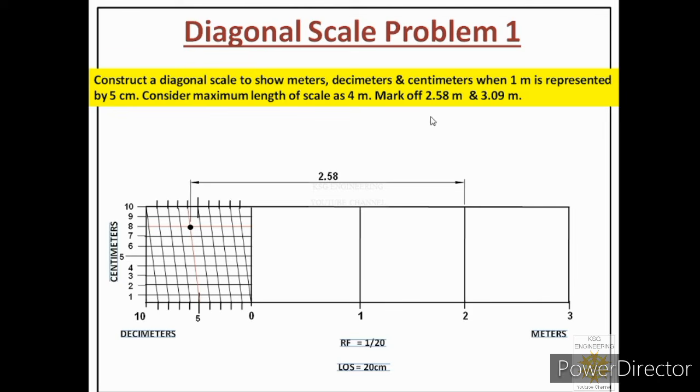But now I have to show 2.58 meters. But if I see my plane scale, on the plane scale the next division is at 2.60. So up to this is 2.60, up to this it is 2.50. So I need the 8th part of this smallest division to represent 2.58.